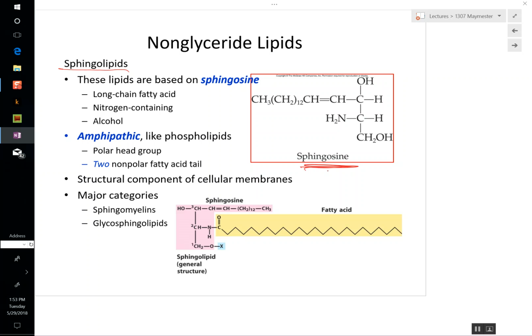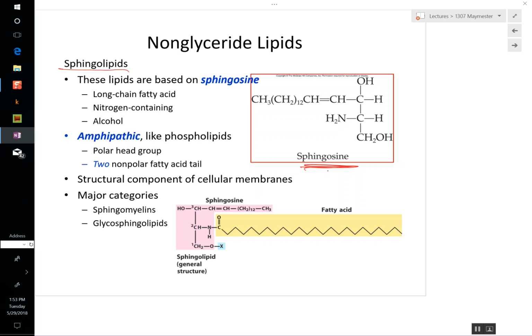So you don't have 3 fatty acids, but you do have a non-polar chain here. You're going to put a fatty acid right there. So there's your long non-polar chain. Here's a fatty acid, but it's bound there not by an ester, but by an amide.